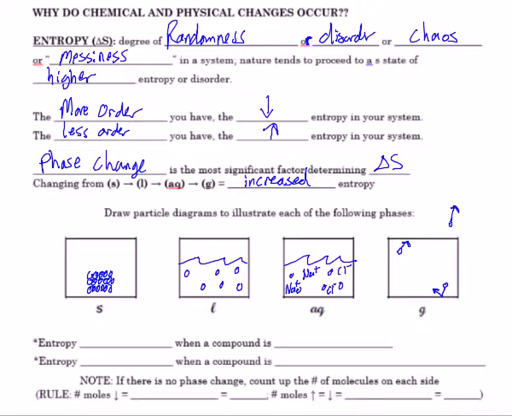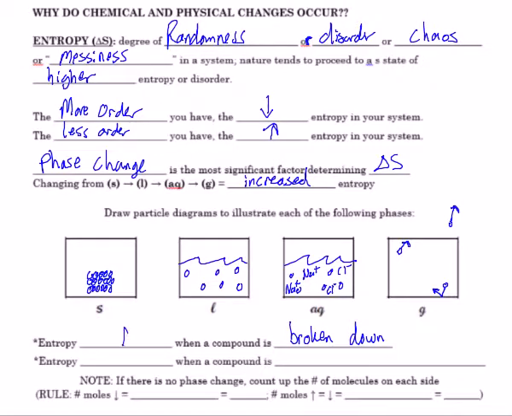Now, in terms of reactions and breaking bonds and forming bonds, what do you think is going to happen, guys, in terms of entropy, when a compound is broken down, meaning bonds are broken, what's that going to do to the entropy? Increase. Why? Because it's more disorderly. Right, it's more disorder. They can spread out now. They're not being held together.